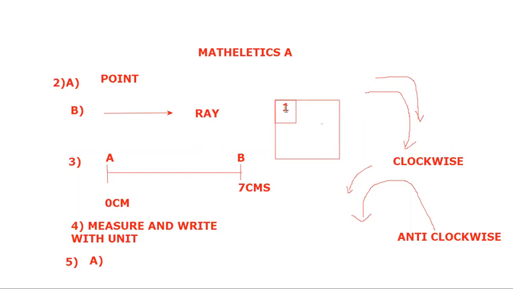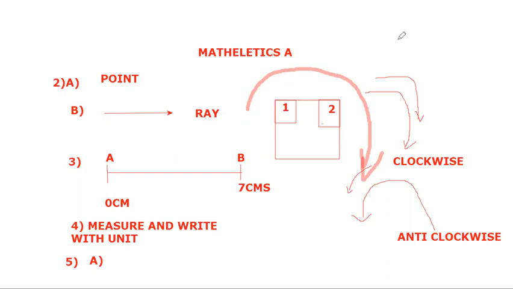And if this green square moves towards the right in the clockwise direction, then the next square will be where? It will be here. Isn't it so? It has moved in the rightward direction, towards right. It is moving in this pattern.